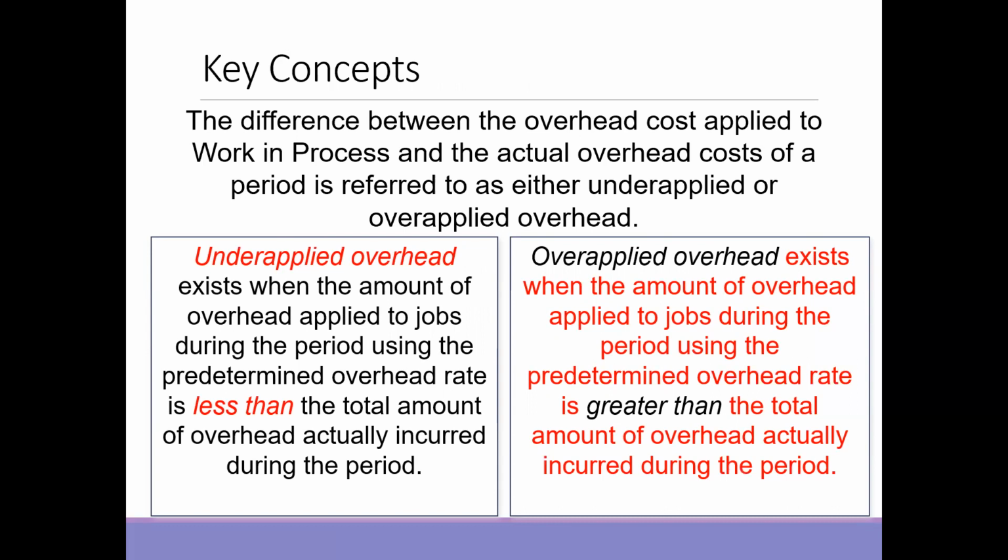Under applied overhead means that the actual costs were more than what we applied. Over applied means the actual costs were less than what we applied.